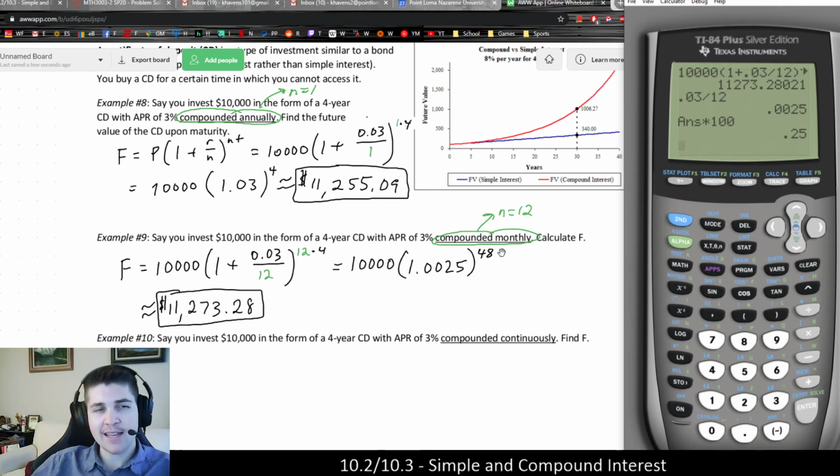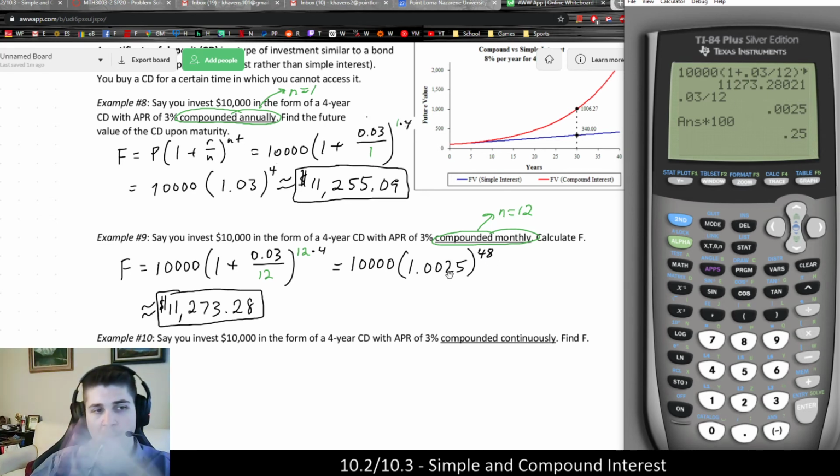Then if I'm looking at the exponent, which is now significantly greater than 4, notice that over 4 years, if I think about every single growth period, if it's happening every month, it's 12 times per year over the course of 4 years. That's a total of 48 times incrementally over the 4 years. So every month it's growing by 0.25%, and there are 48 months in 4 years.